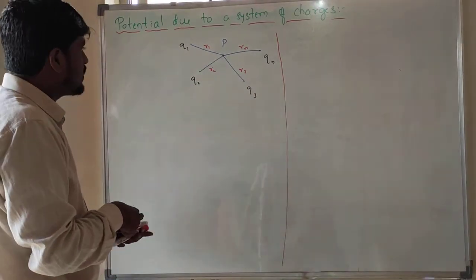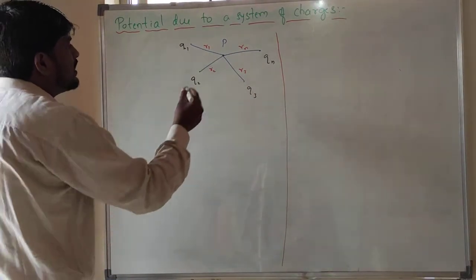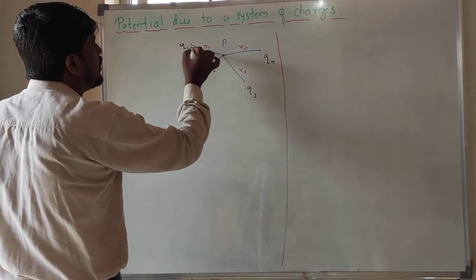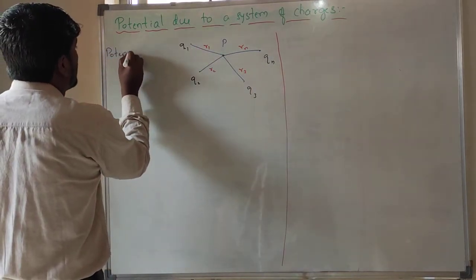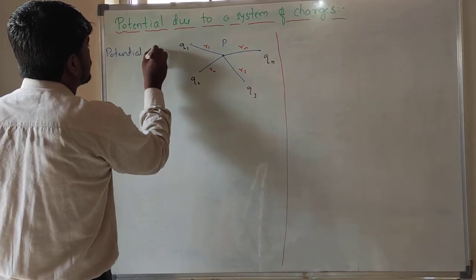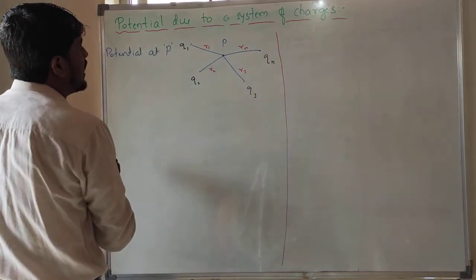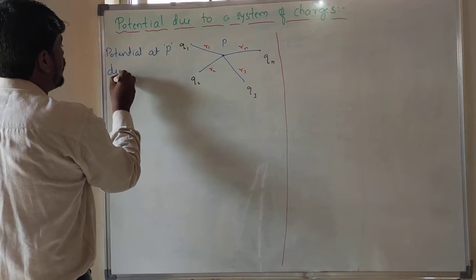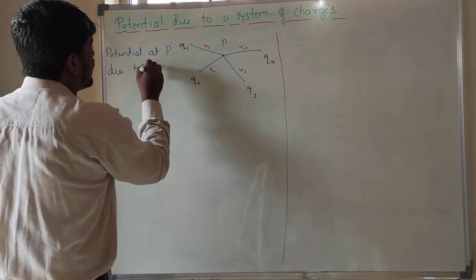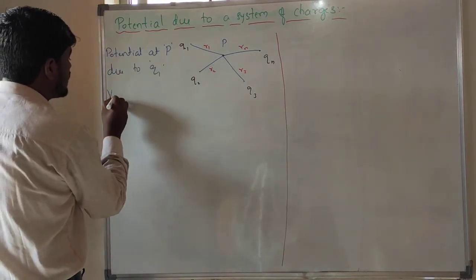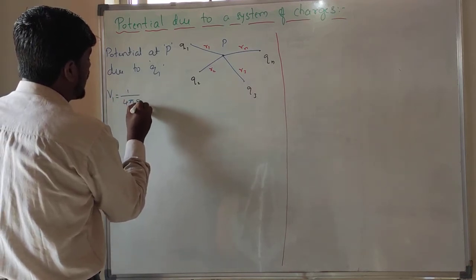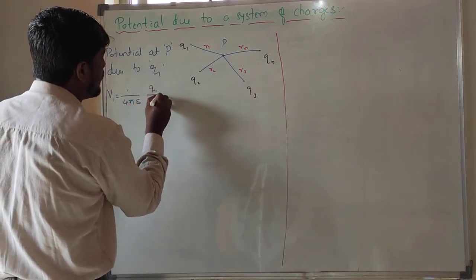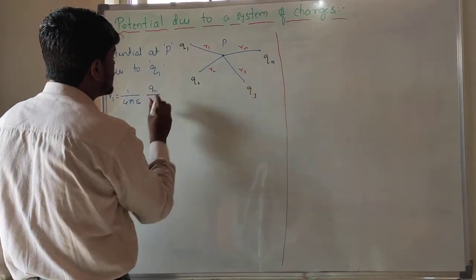First I have to write the potential at point P due to the charge Q1. V1 is equal to 1 by 4 pi epsilon naught into Q1 divided by R1, keeping in mind that the distance of Q1 is R1.